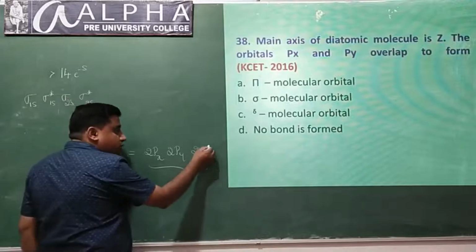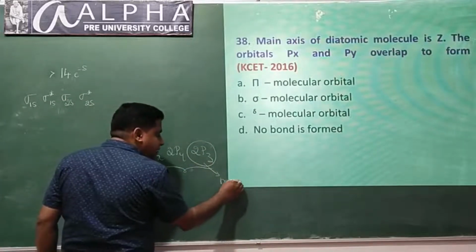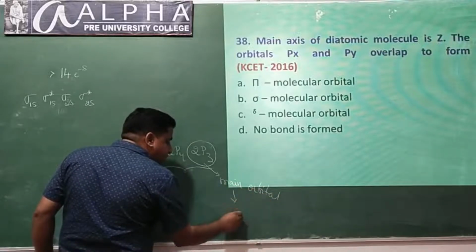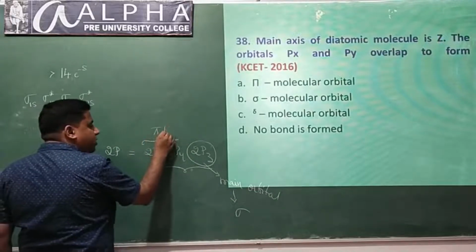Say if I choose 2pz as the main orbital, this main orbital will form the sigma bond, whereas the remaining two orbitals will form pi bonds.